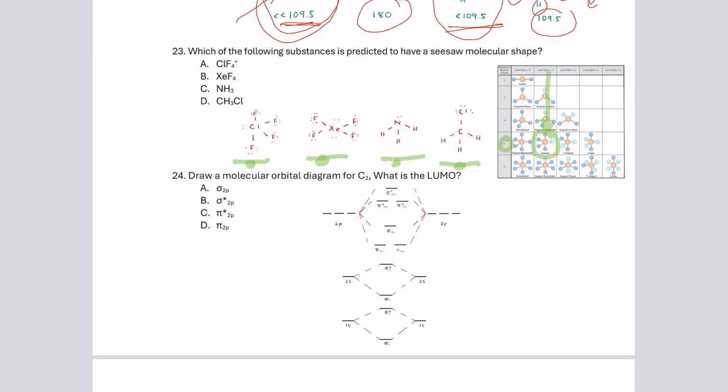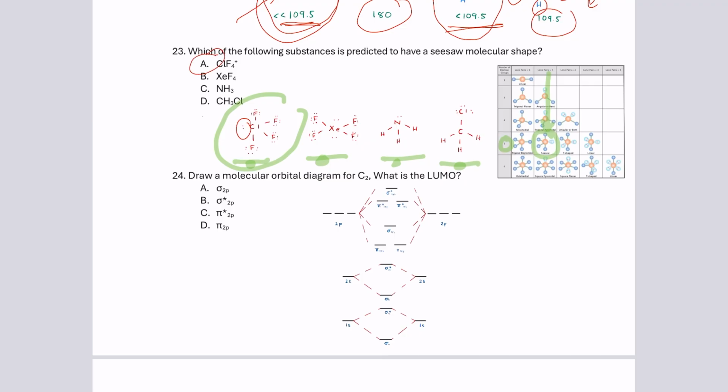And looking at the Lewis structures for these 4 substances, we notice that chlorine tetrafluoride cation has 5 electron-rich regions where one of them is a lone pair. So it will have a seesaw molecular shape, and the correct answer here is A.